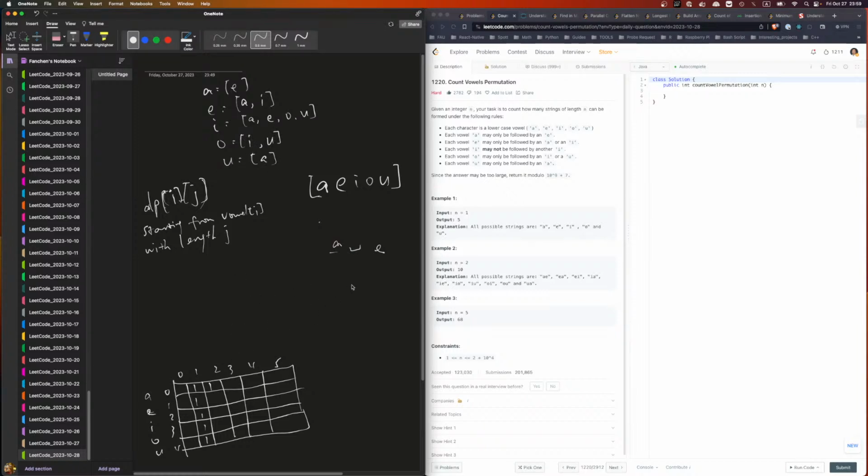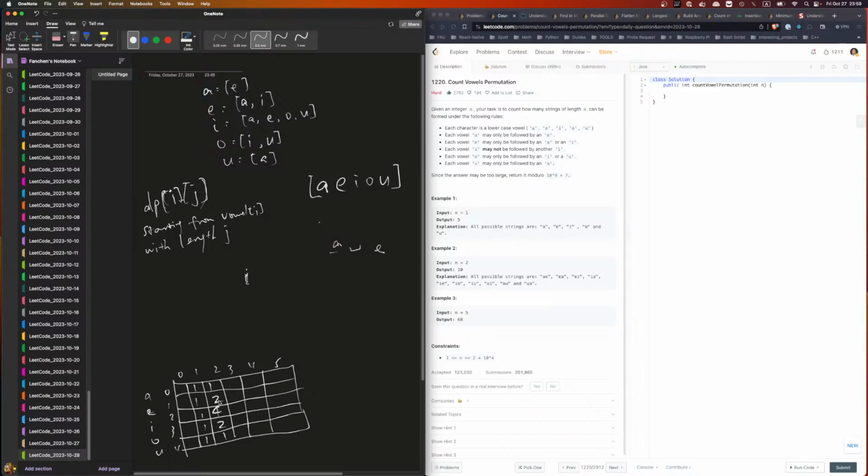Starting from A, it's going to be E, so 1. Starting from E, can be an A, which is 1, or an I, which is 1, so this will be 2. Starting from I, can be A, E, O, U, added together that will be 4. Starting from O, we have 2, and starting from U, we have 1. So we add these together.